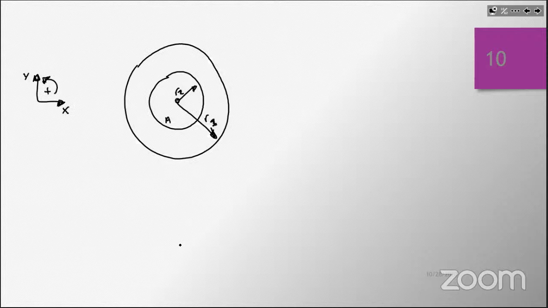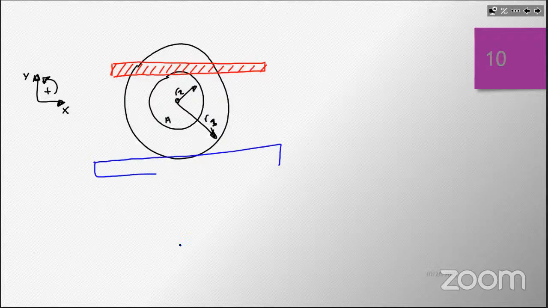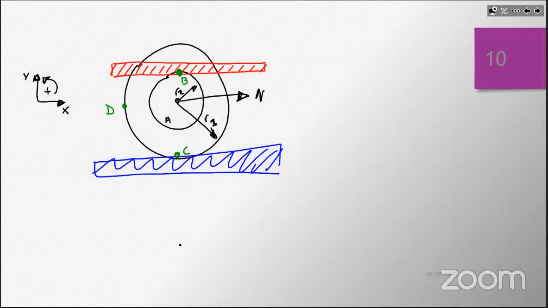I've got some rack up here. The one on the ground is stationary, so that's the stationary ground. I've got some point here, B. Let's say this is point D, and then this point where we interface here is point C. And there's some velocity and acceleration pointed this way.